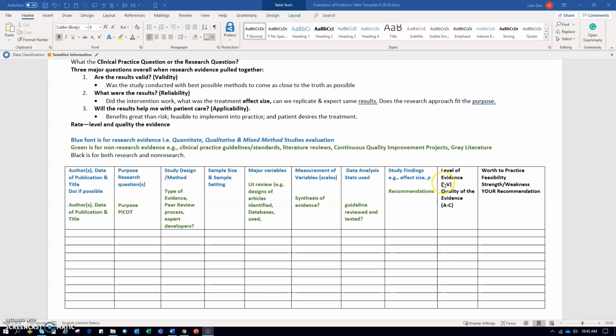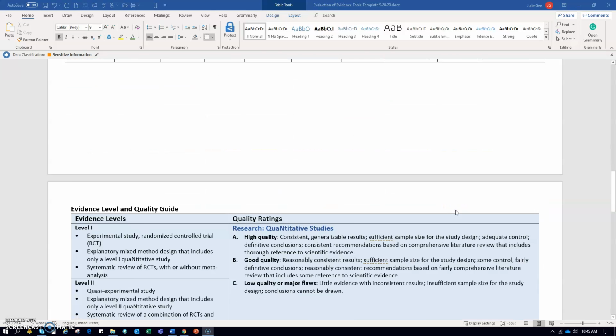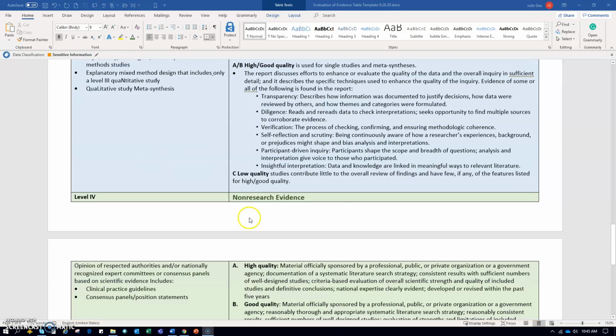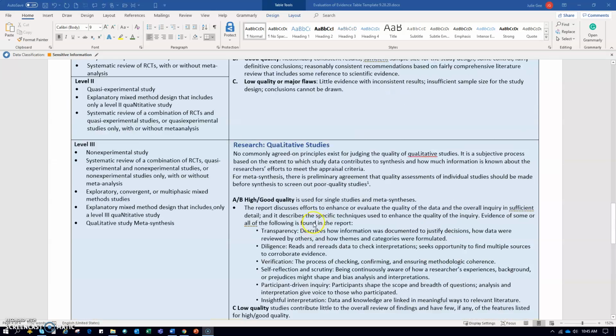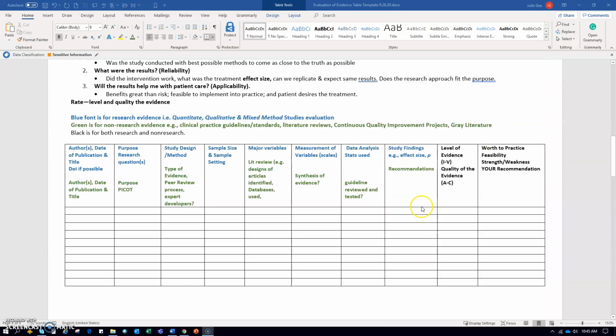So the level of evidence and the quality of evidence is critical, because we want to make sure we're pulling in proper evidence. If we're going to make a clinical decision based purely on literature reviews, case reports, things like that, that's probably not a good decision. So we need to call out that evidence.